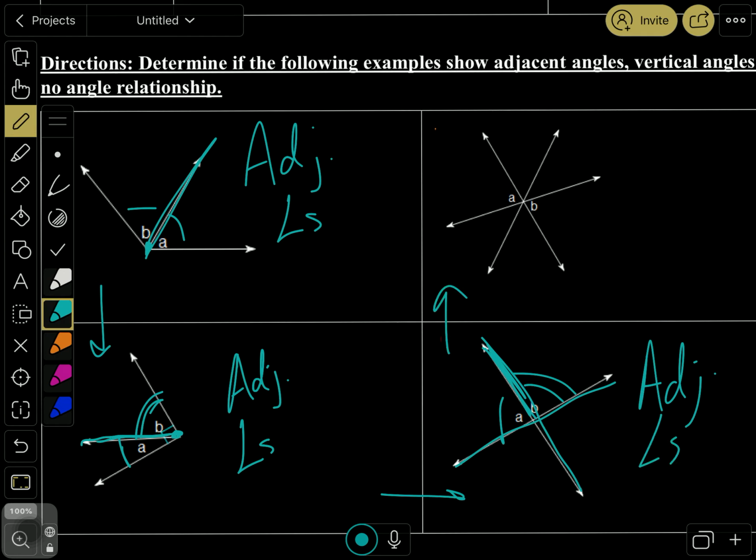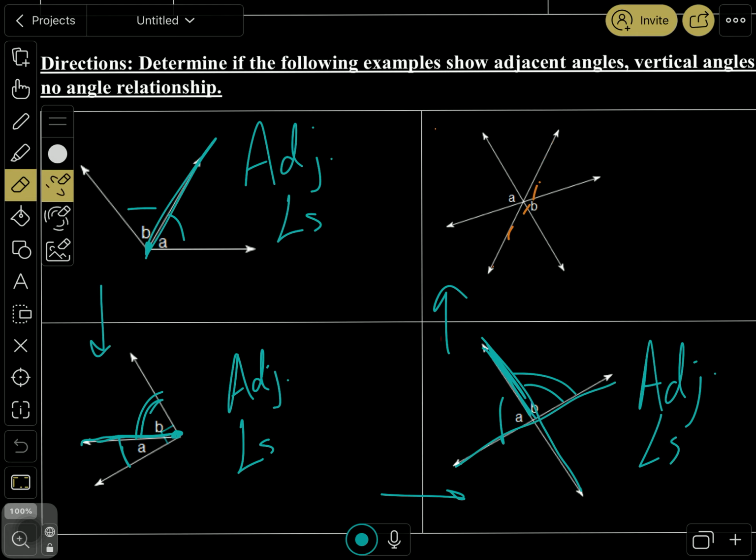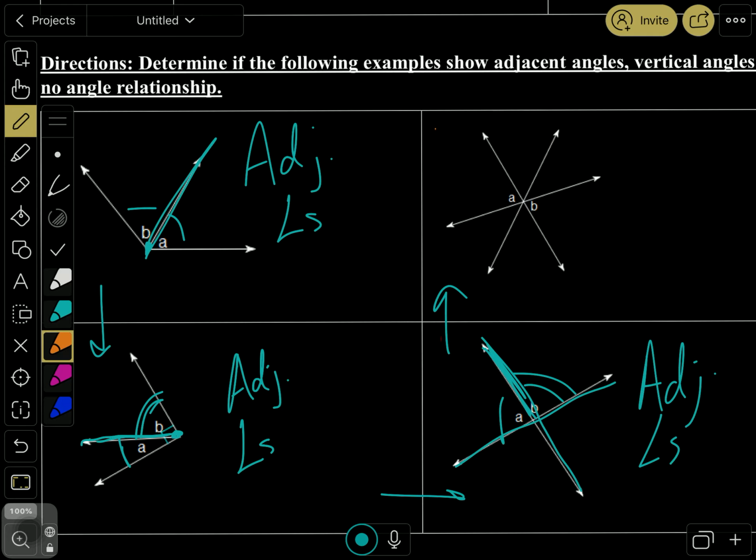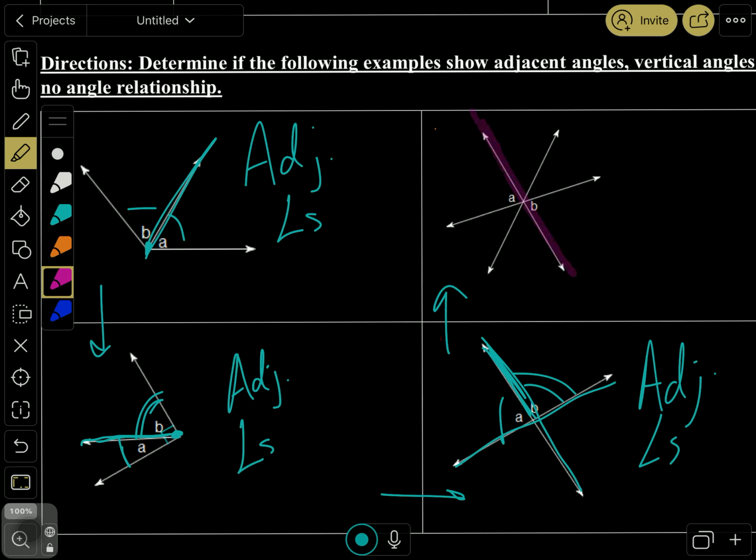Last but not least, up here, this one, there's a little bit more going on because I have this extra line drawn in here. However, try to imagine that line not being there. Instead, we're going to focus on this line right here and this line right here.